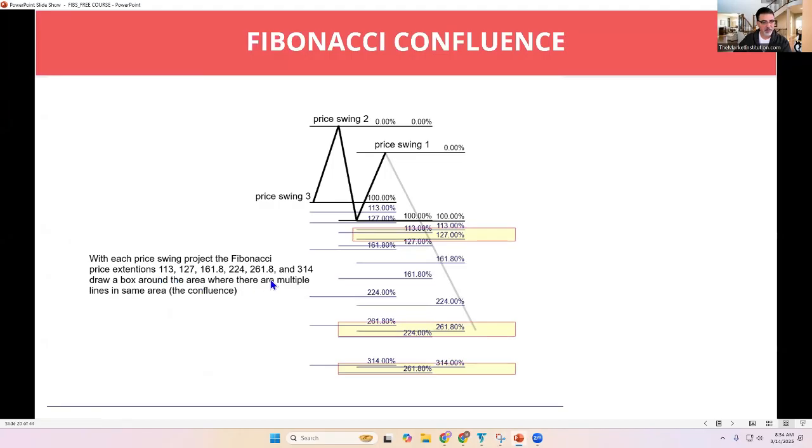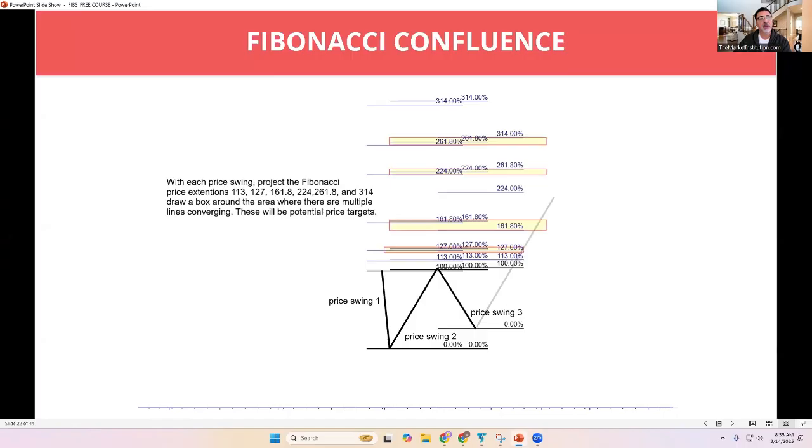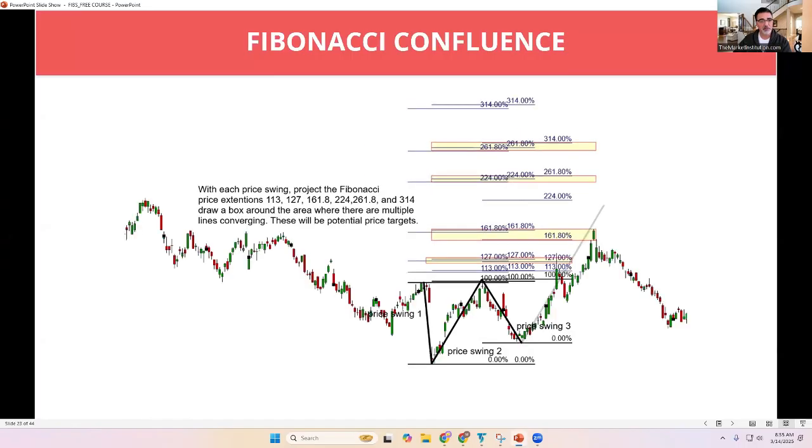All the numbers are right here: 113, 127, 161.8, 224, 261.8, and 314. Retracements would go from 23.6, 38.2, 50, and 61.8, 78.6, and the 88.6.